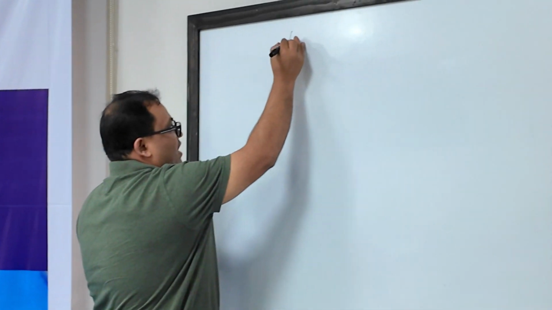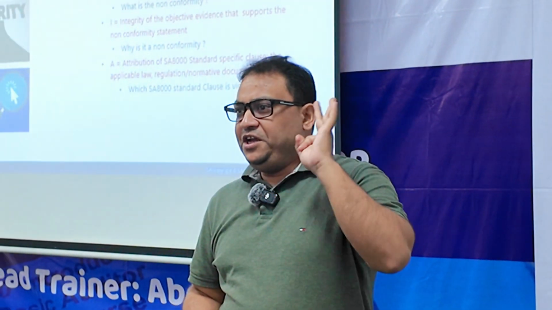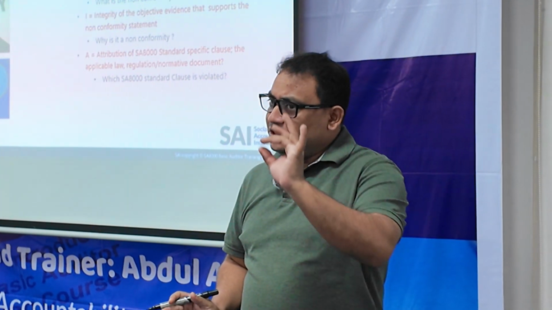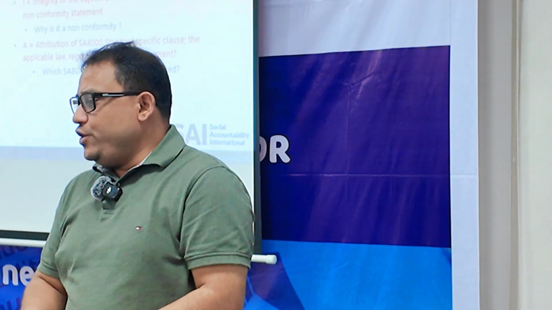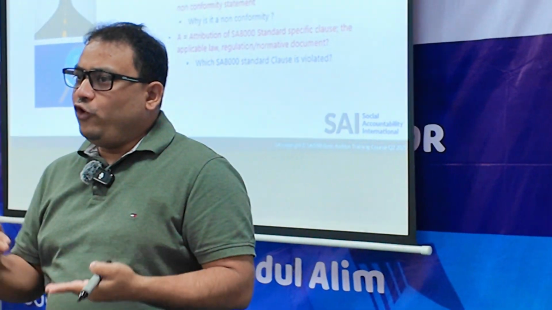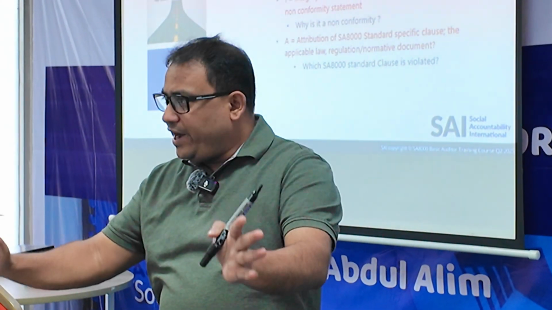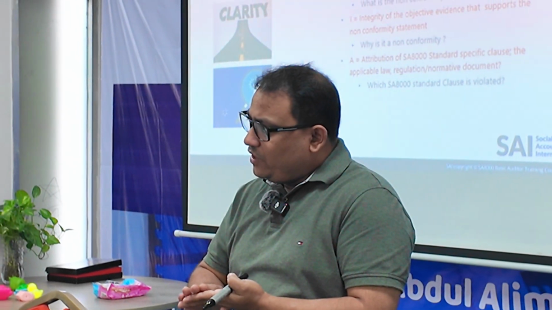How to write a non-conformity report. There are three parts in a non-conformity report. As you all know, non-conformity means non-fulfillment of a requirement. So definitely there is a connectivity of non-conformity with requirement.